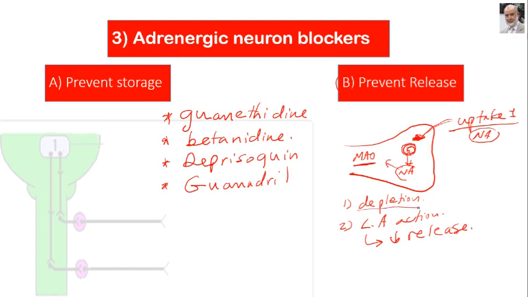Second, they have a local anesthetic action and inhibit the release. Local anesthetic action means they block sodium channels at the nerve terminal, and in this case the noradrenaline will not be released. These two actions will decrease sympathetic activity.